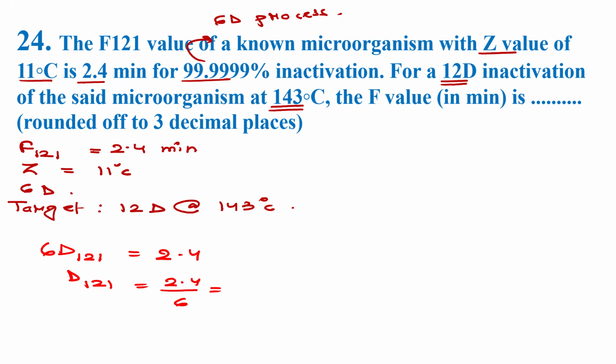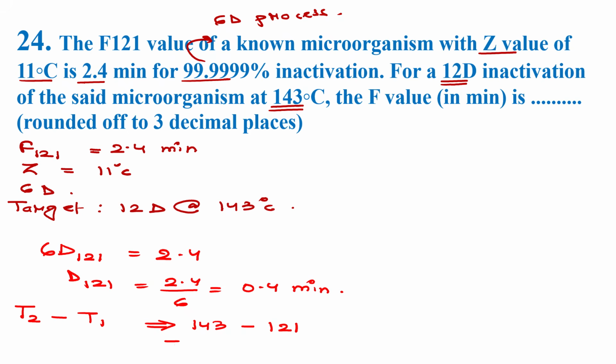We'll now adjust the D value for temperature change. So we know the initial temperature and the final temperature. Final is 143 degrees Celsius, initial is 121 degrees Celsius. We'll get 22 degrees Celsius.